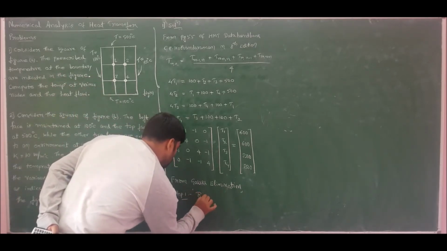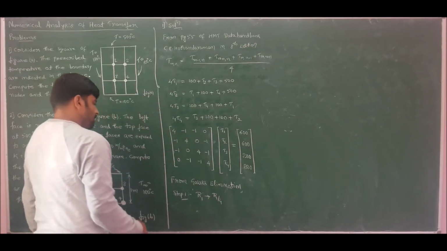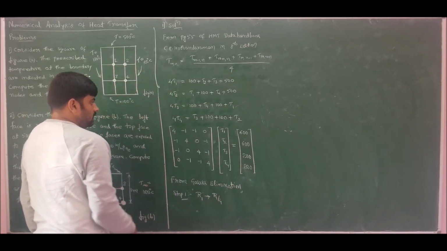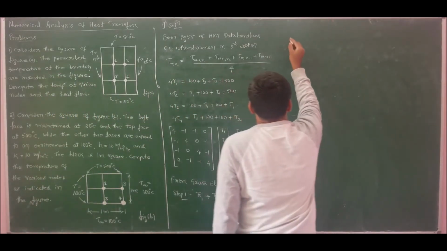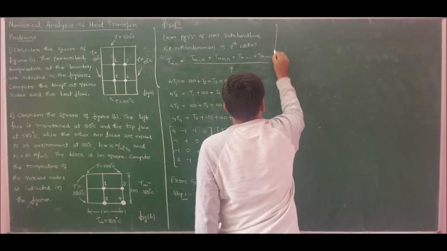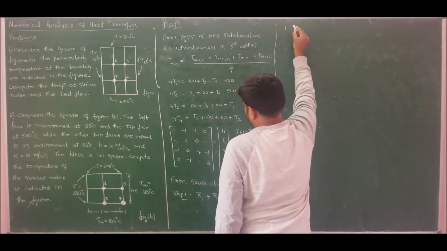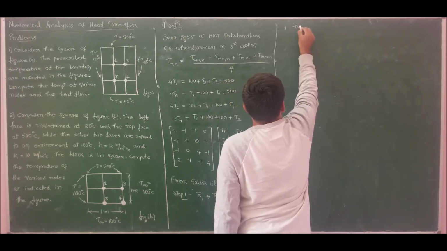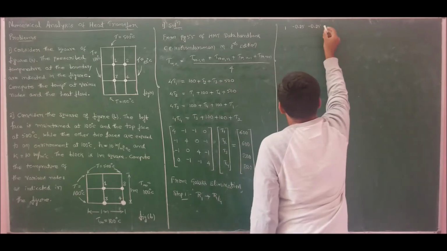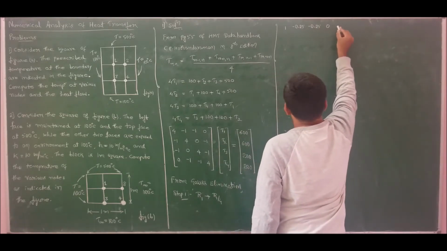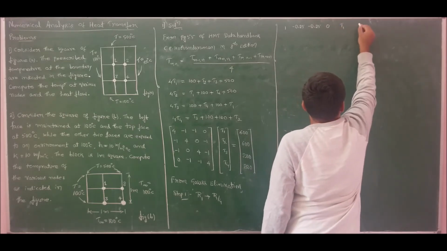Therefore R1 tends to R1 by 4, and I write the remaining rows as they are. So I get the matrix: 1, minus 0.25, minus 0.25, 0, and 600 by 4 is 150.